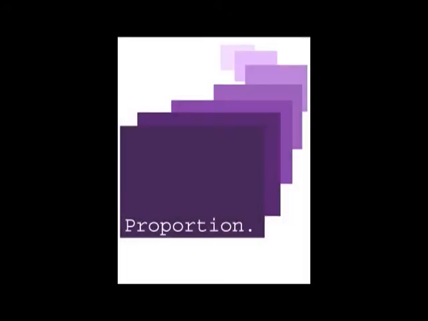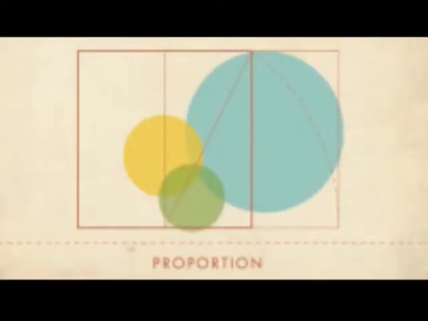This is the sensation of unity achieved when all parts, sizes, amounts, or numbers interact well with each other. For example, in an image of a human being, proportion can refer to the size of the head compared to the rest of the body.